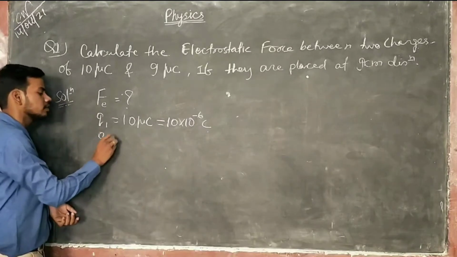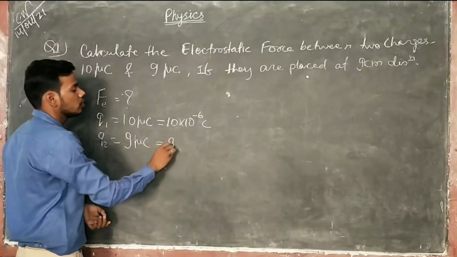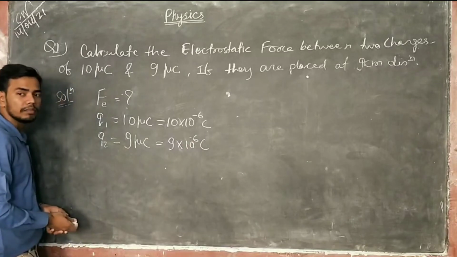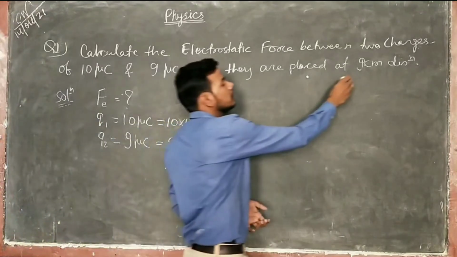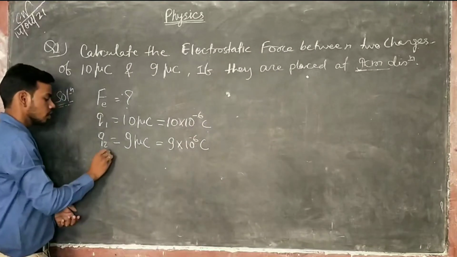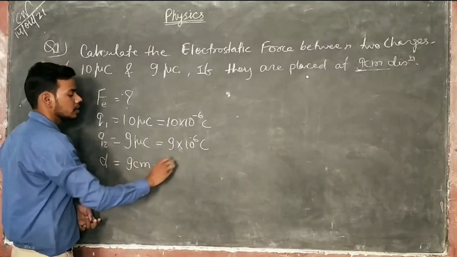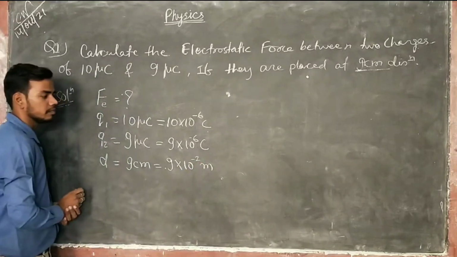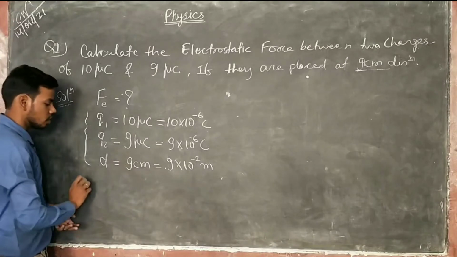Again for the second charge it is 9 microcoulomb, which can be written as 9 into 10 to the power minus 6 coulomb. Now guys, the distance between them is written as 9 centimeter in the question. So we have taken d is equal to 9 centimeter, which is 9 into 10 to the power minus 2 meter. Now that we have collected the data, we can easily solve it.